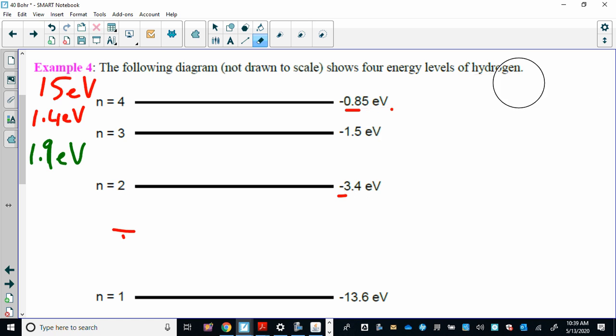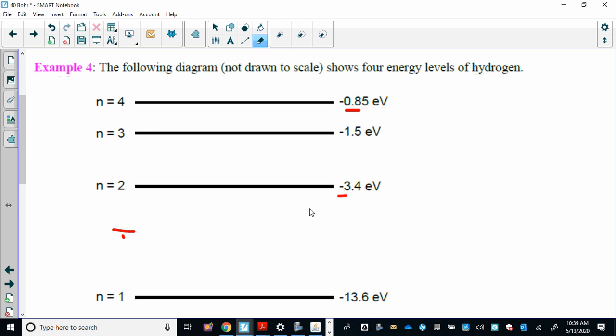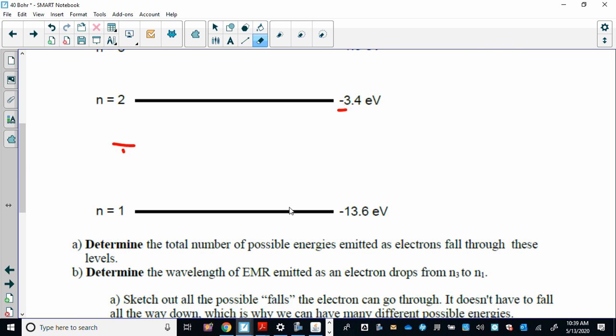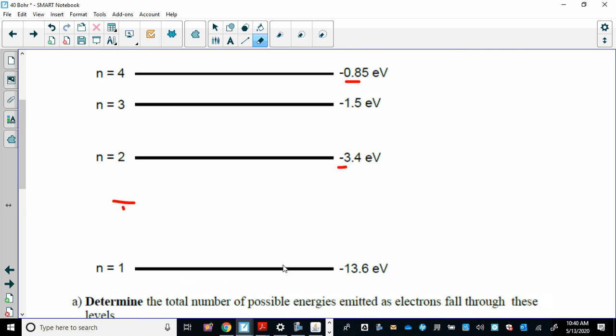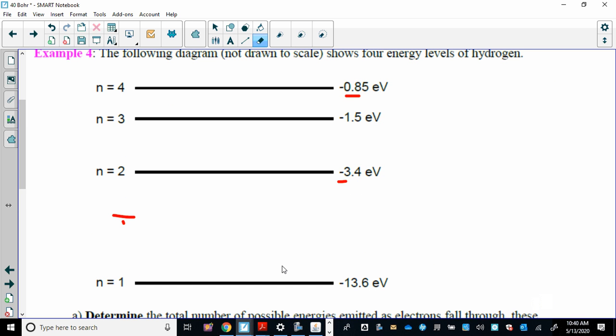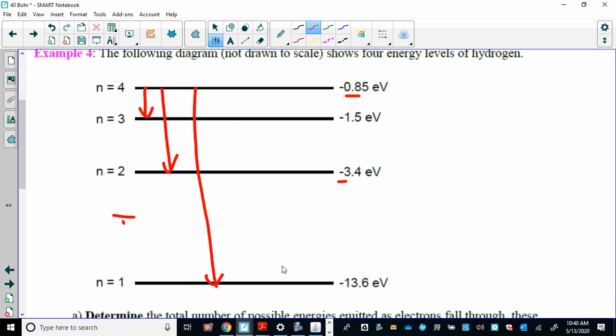Now let's do the question. And the question says, determine the total possible energies emitted as electrons fall through these levels. So in other words, you could have an electron that starts at 4 and goes to 3, or starts at 4 and goes to 2, starts at 4 and goes to 1.